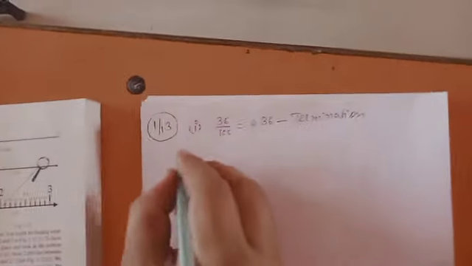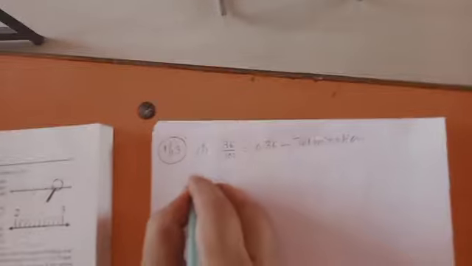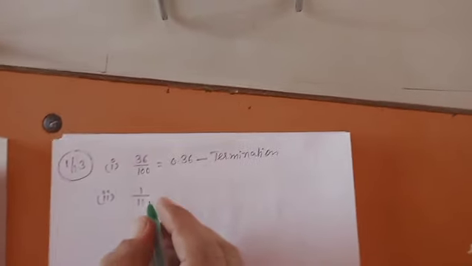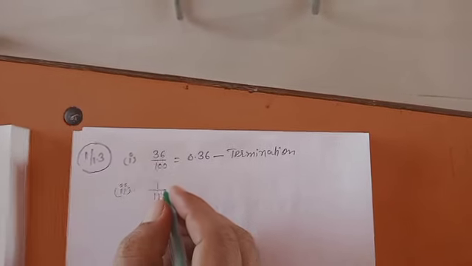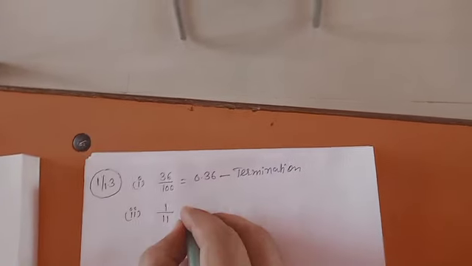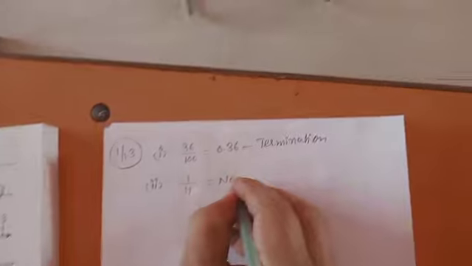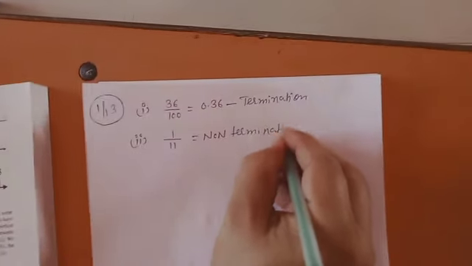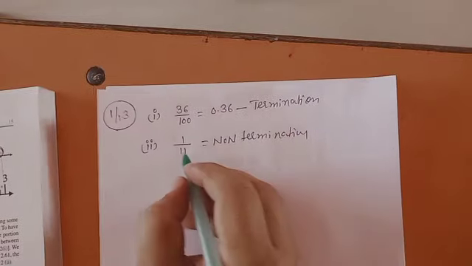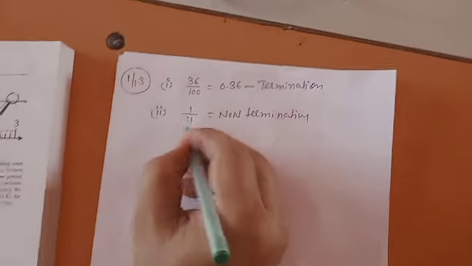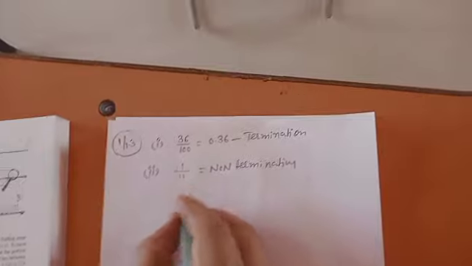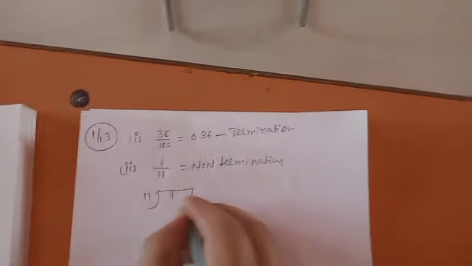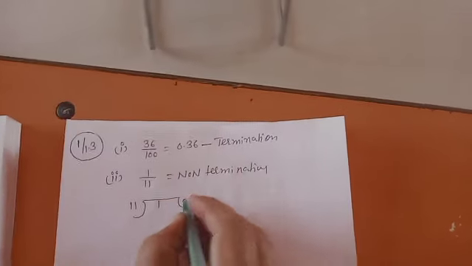Next, second is written 1 by 11. So definitely it is non-terminating. 1 divided by 11: 11 zeros are 0.